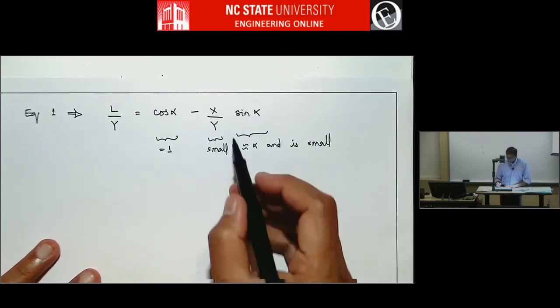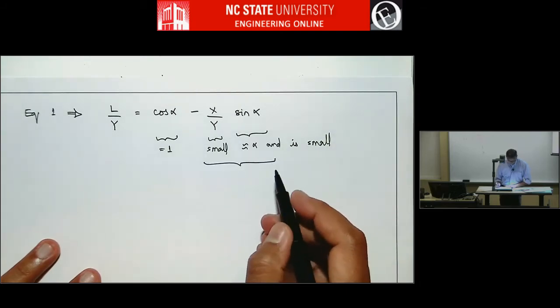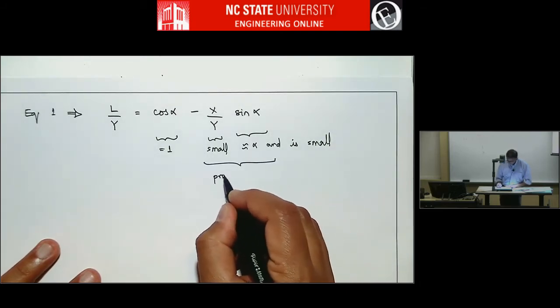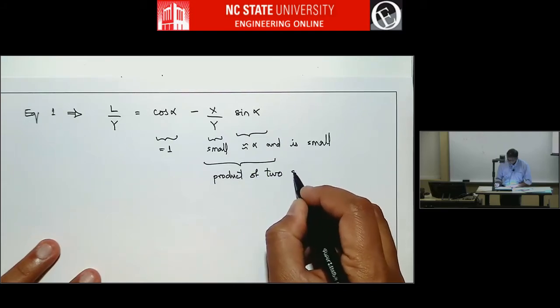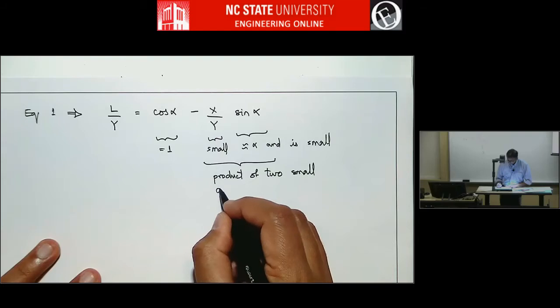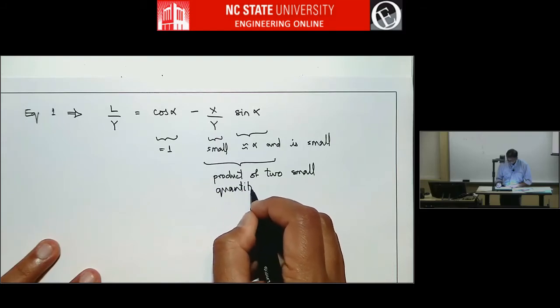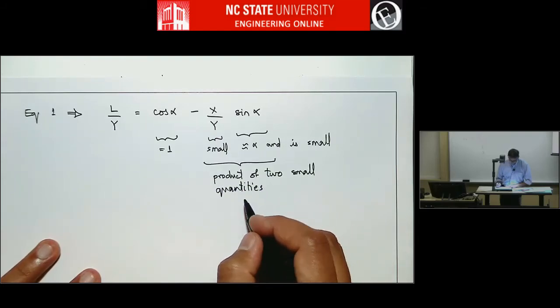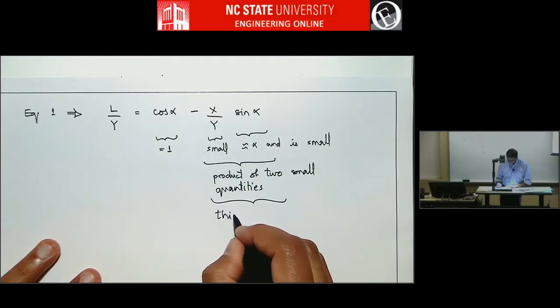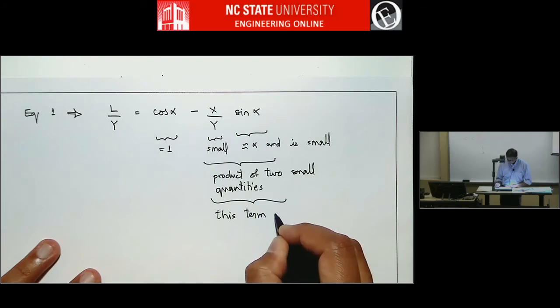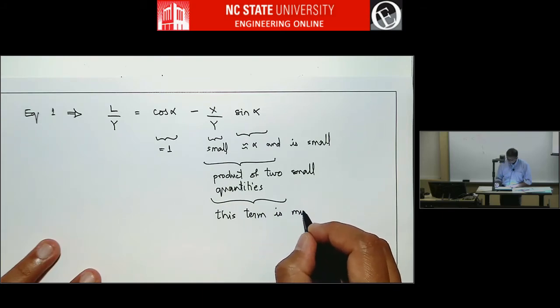So now you have a product of two small quantities, and this term is much smaller than 1.